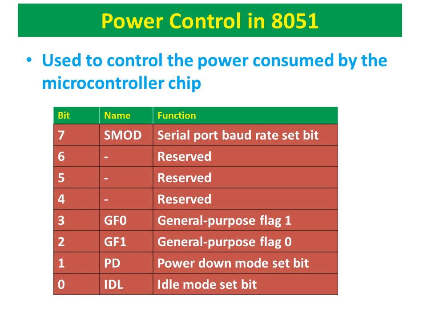Next, power down mode. The power down mode is set by making the second bit of PCON 1. In this mode, the clock generator is switched off and only the internal memory is active.